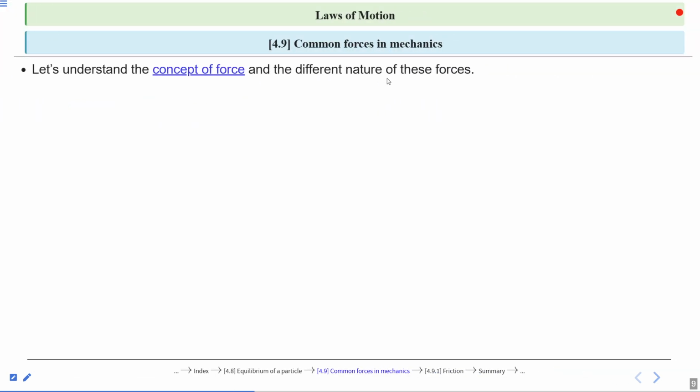So let's understand the concept of force and the different nature of these forces. So here we have the first force, spring force. Now the question arises, how can we define the spring force? Look at here. Here we have a spring mass system.